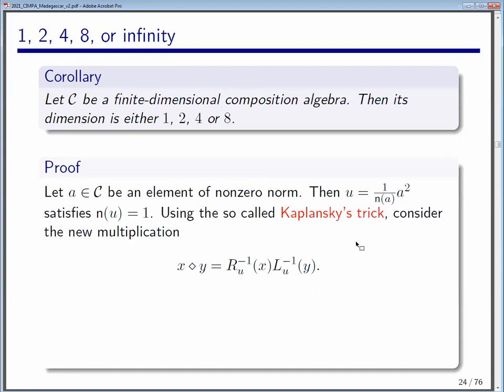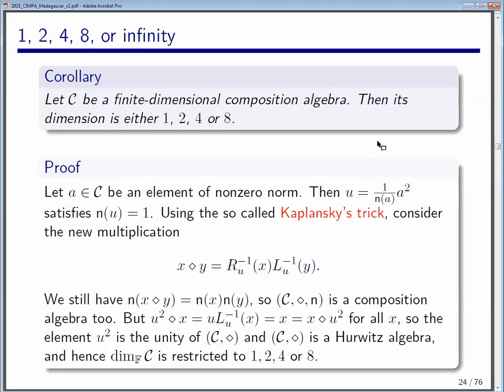In this formula, L sub u is the left multiplication by u, and R sub u is the right multiplication by u. So I take the element x, and I apply the inverse of the right multiplication by u to x. I apply to y the inverse of the left multiplication by u, and then I multiply in C the two elements that I get. I perform the multiplication in C. Okay?